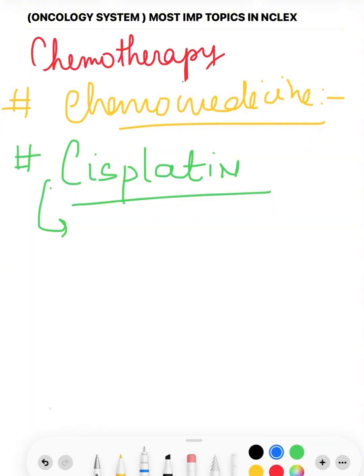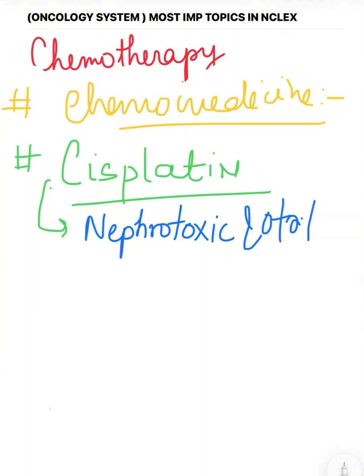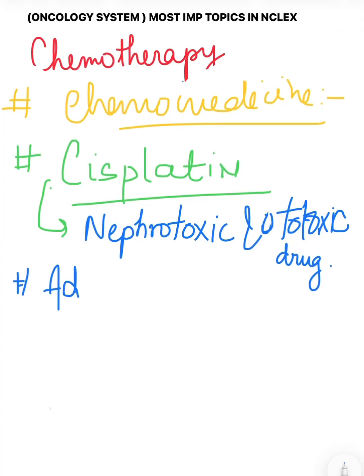Simply, nephrotoxic means it damages the kidney, and ototoxic means it affects hearing.